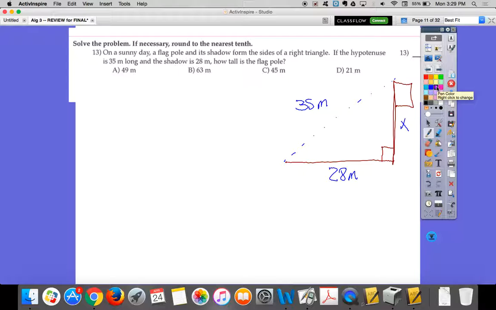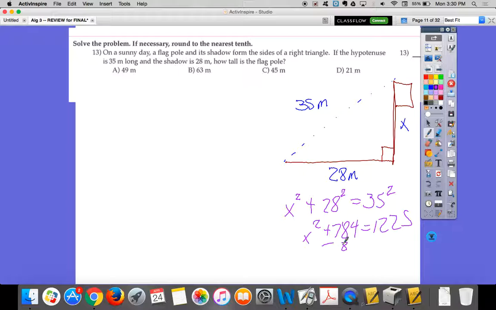That's all you need. You need to know that the legs squared and summed up is equal to the square of the hypotenuse. So if we work this thing out, we've got 28 squared is 784, and 35 squared is 1225.